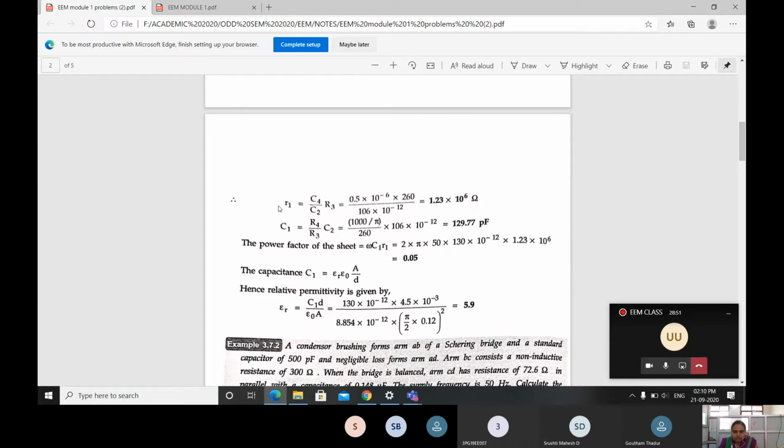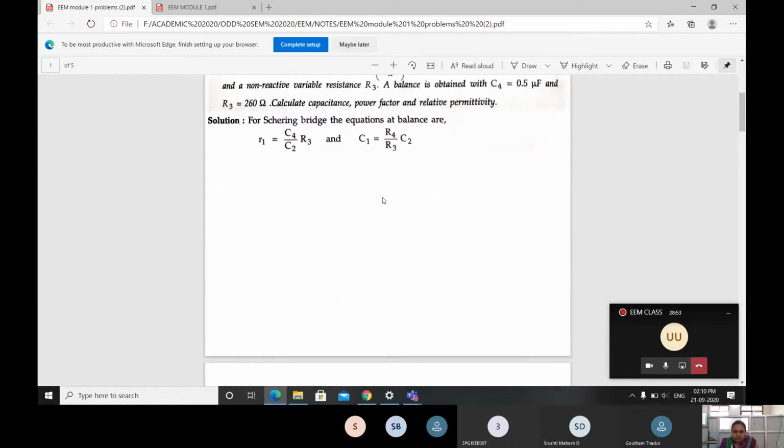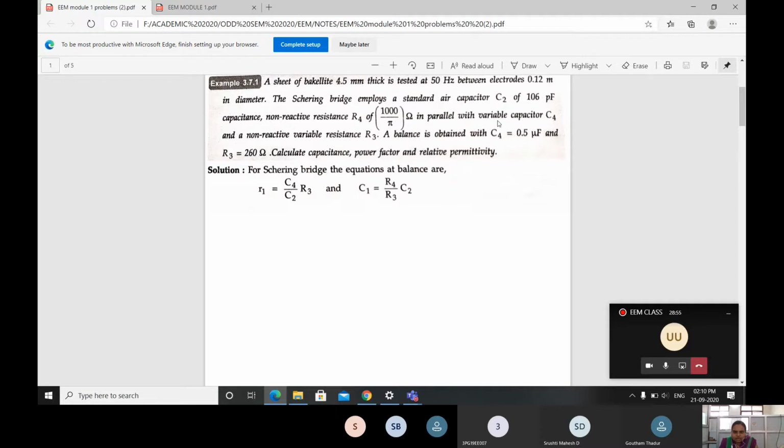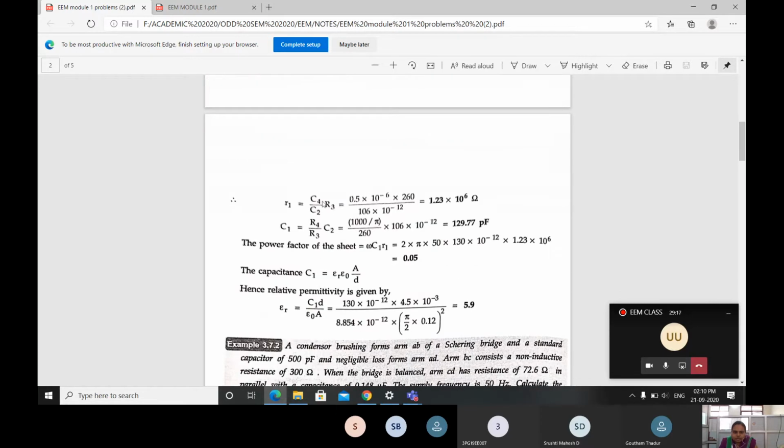Just substitute for C4. All the parameters are given directly, so nowhere should you construct the bridge, go directly to the calculation part. Just substitute for C4, then C2, here 106 picofarads, then R3, that is 260 ohms. If you substitute all the parameters and solve, you will get 1.23 into 10 raised to 6 ohms.